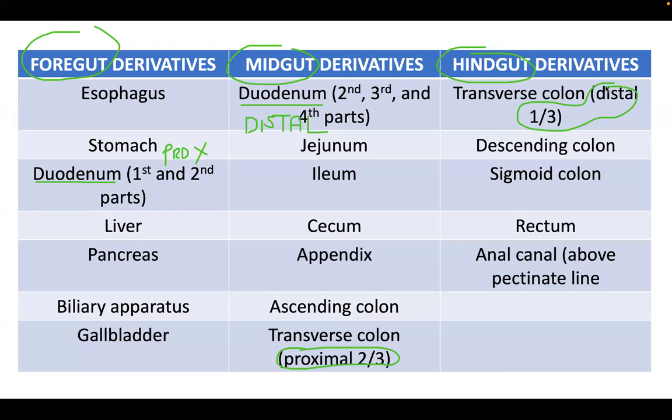Memorize distal duodenum and memorize proximal 2/3 of the transverse. For hindgut, it's enough to memorize the distal 1/3 of the transverse colon. So please take note of that. Those are the things you need to memorize.